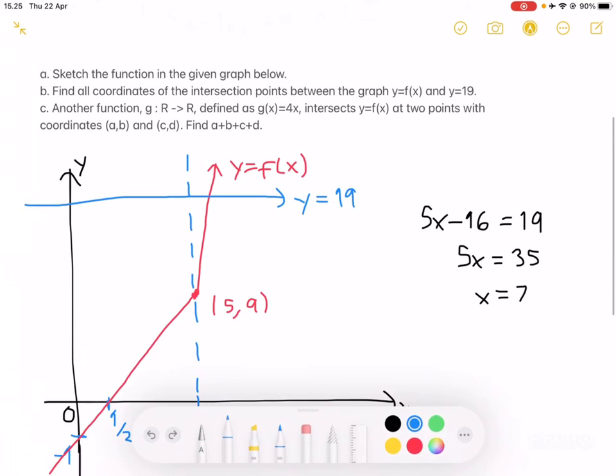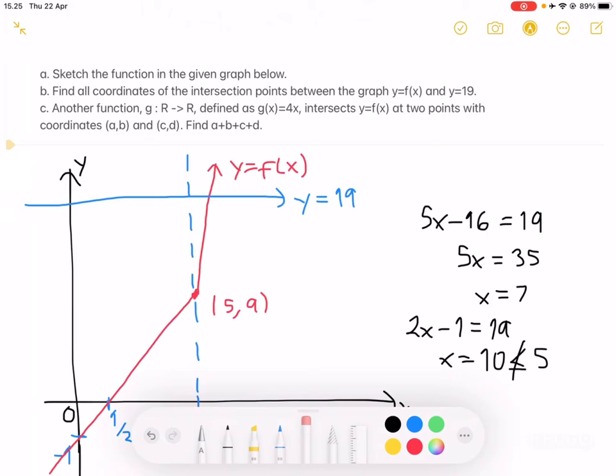And just in case you guys are wondering, if you substitute 2x minus 1 and set it equal to 19, you'll get x equals 10, which is clearly not less than or equal to 5. So this x value does not satisfy this problem.